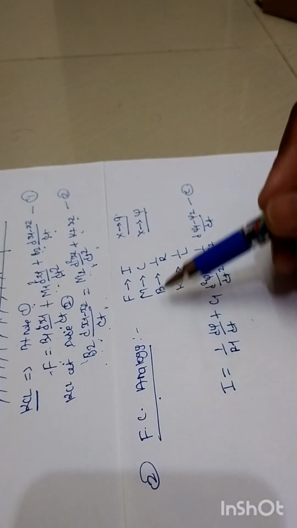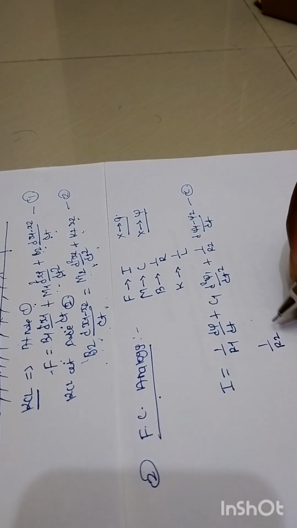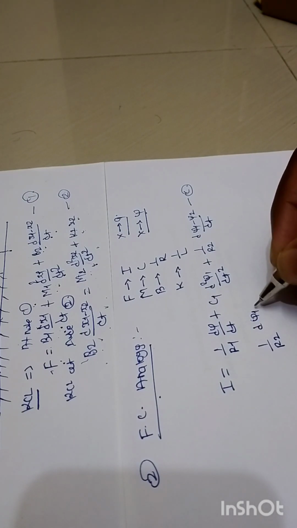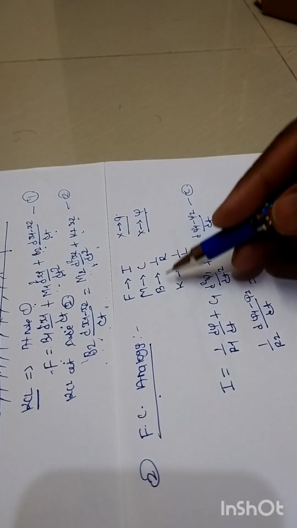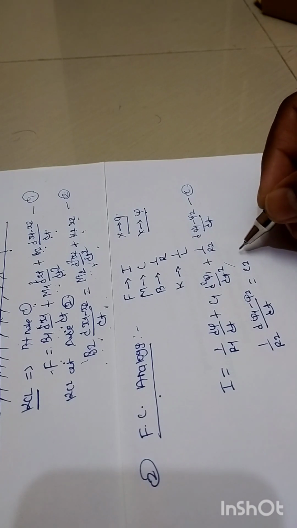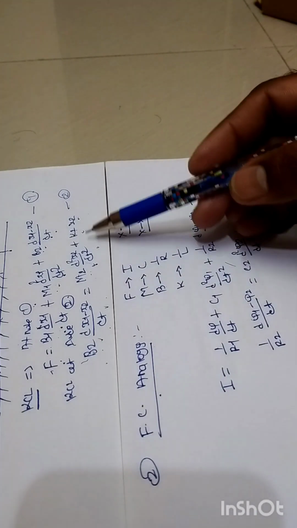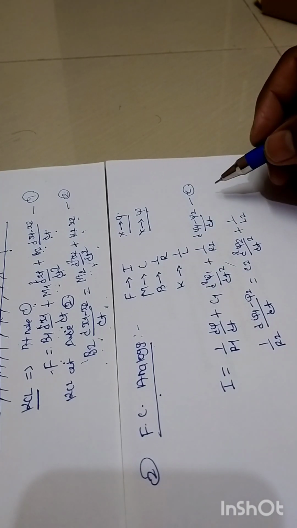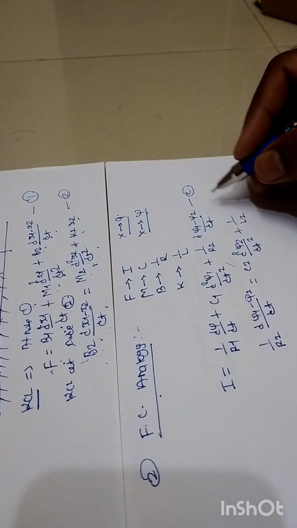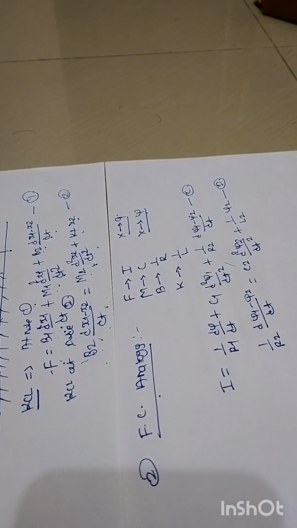In case of the force-current analogy, B is nothing but 1 over R. So it will become 1 over R2 into d of psi 1 minus psi 2 upon dt equals to M. M is nothing but C, so C2 into d square, where this x is being replaced by the flux linkage psi 2, so d square psi 2 upon dt square plus k. Here k is replaced by 1 over L, so it is k2, that is 1 by L2 into x, which is being replaced by psi, so it will become psi 2. So this will become equation number capital D.